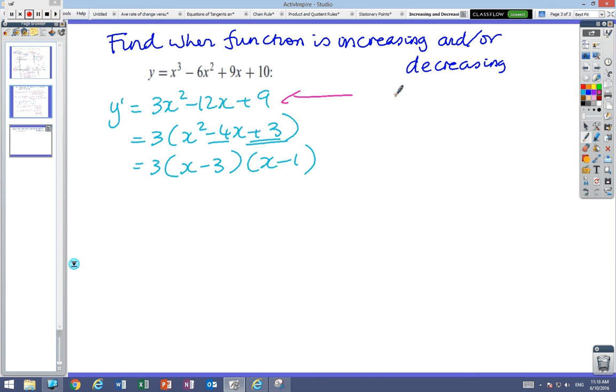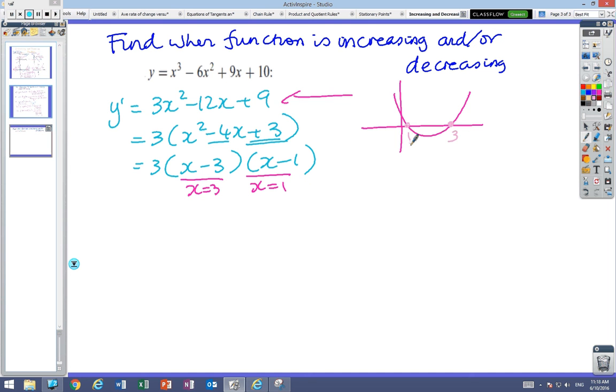So let's have a look. This is a parabola, a smiley face parabola, and at x equals 3 and at x equals 1 it's cutting the x-axis.